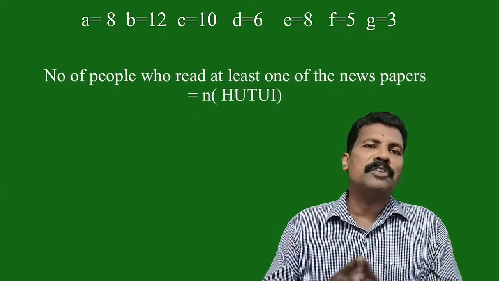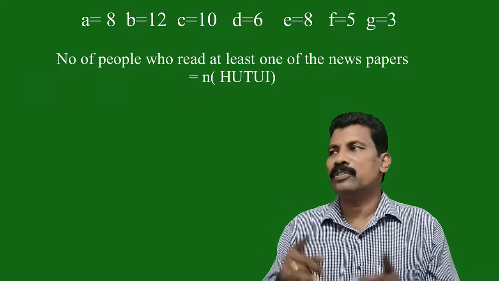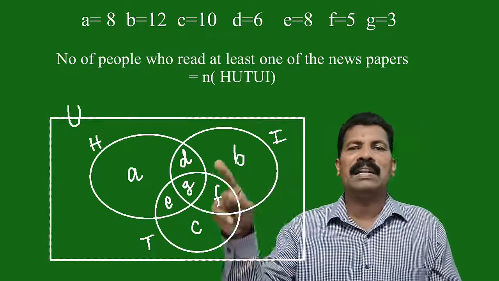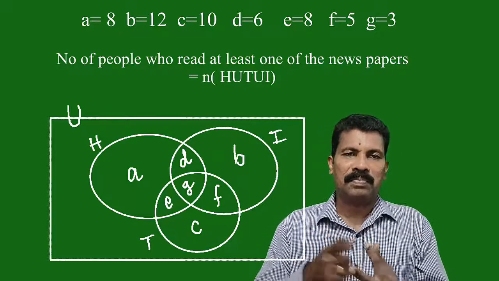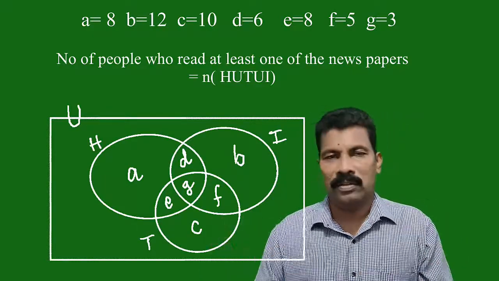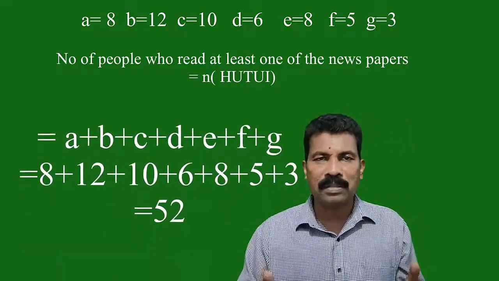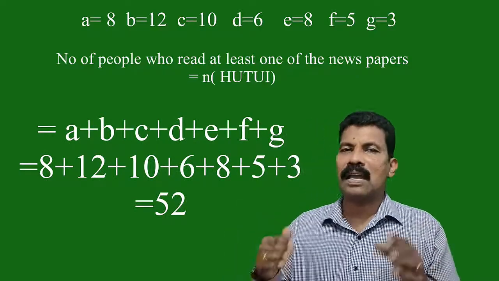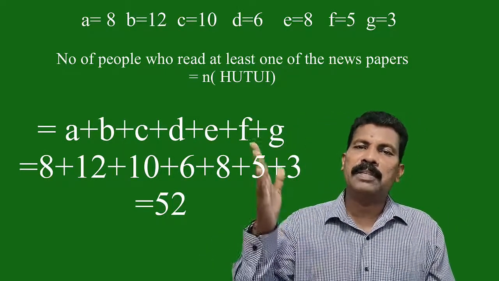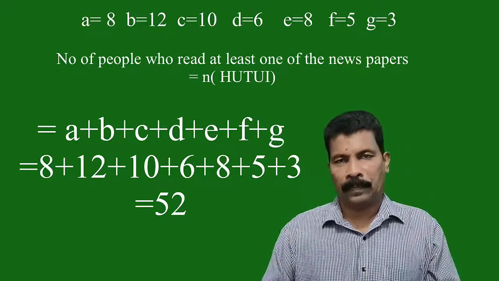At least one of the newspapers means we have to find H union T union I, means we have to add all these 7 letters, that is A plus B plus C plus D plus E plus F plus G, that is 8 plus 12 plus 10 plus 6 plus 8 plus 5 plus 3, that is equal to 52. So answer to the first question is 52.